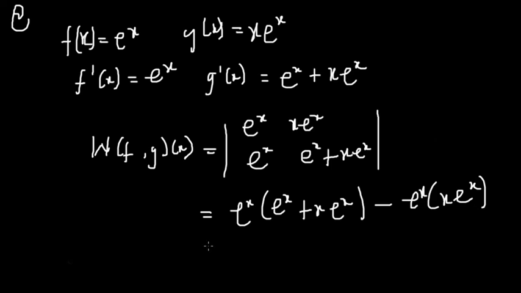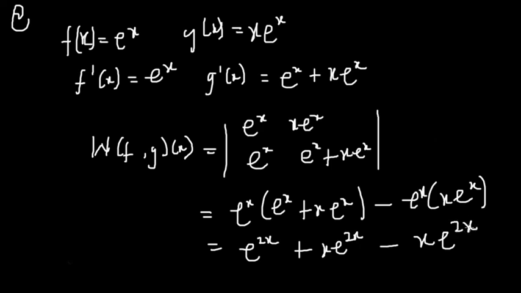So let's expand. e exponent x multiplying e exponent x, we have e exponent 2x, and then e exponent x multiplying x e exponent x gives x e exponent 2x, and then minus e exponent x multiplying x e exponent x, which is x e exponent 2x.